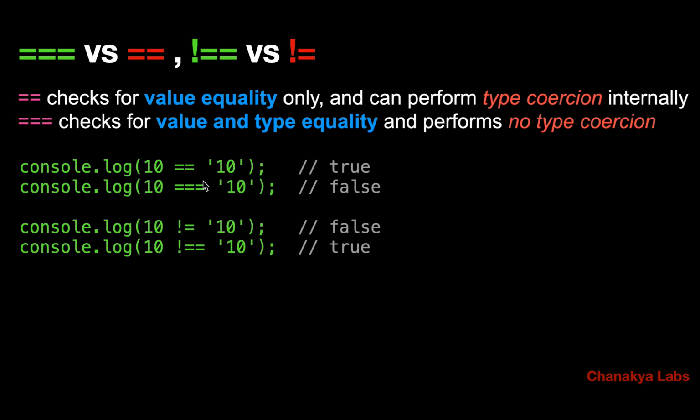In this case, you have to actually see the specification, but I believe that this 10 will be converted to a number, and then it will be compared with this number, and then it will say that yeah, it is true. But somebody else says that no, I think internally it is converting the number 10 to a string and then comparing that with this. So again, now you see that is the problem.